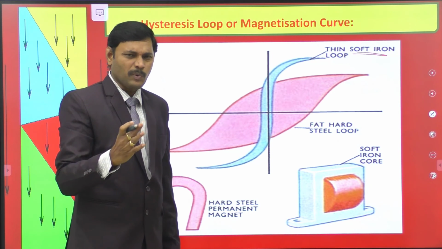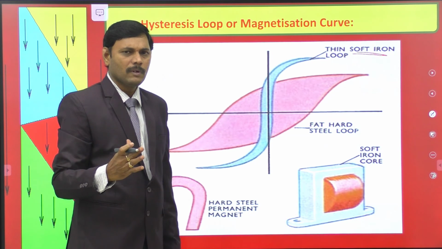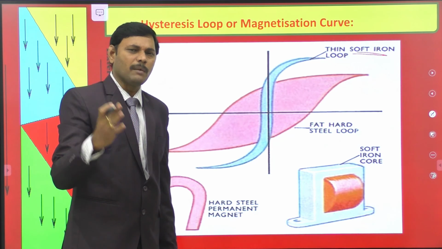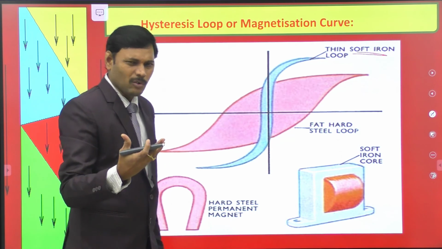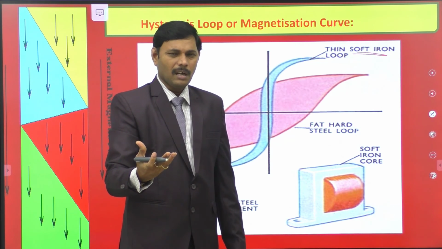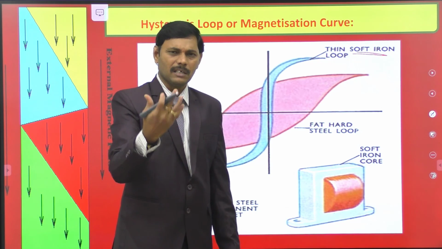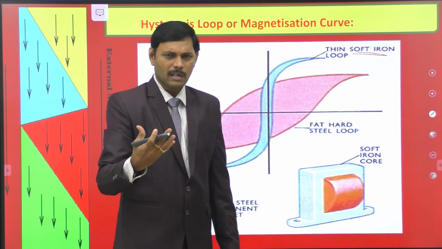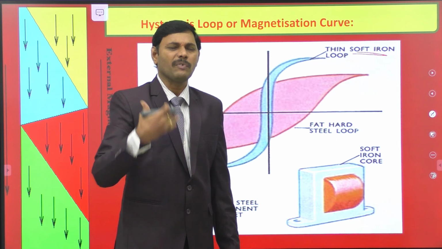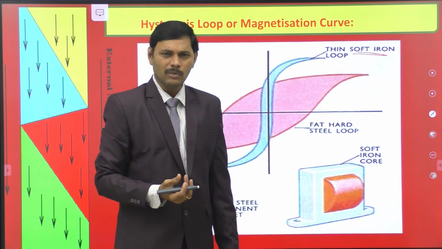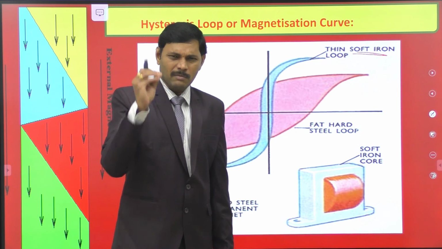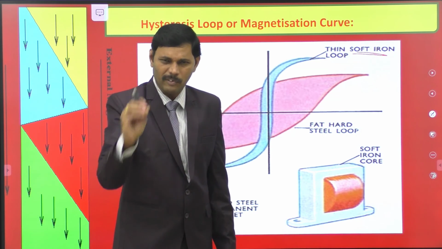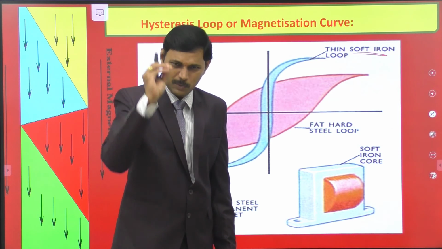The core of the transformer is made up of soft iron because it undergoes so many cycles of increasing and decreasing H value. To have minimum loss of energy in the form of heat, the area of the loop must be small.